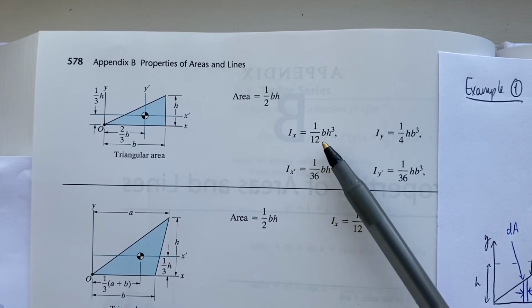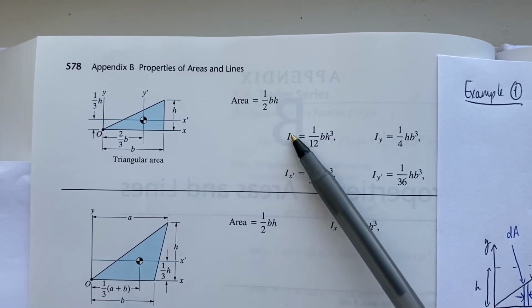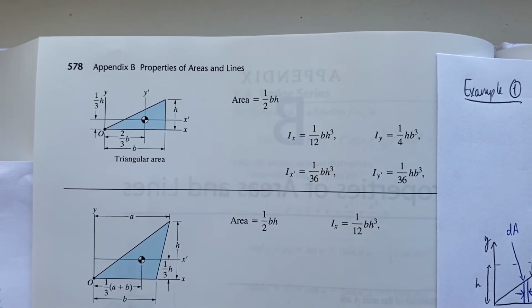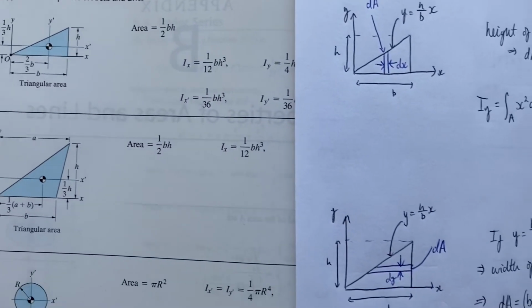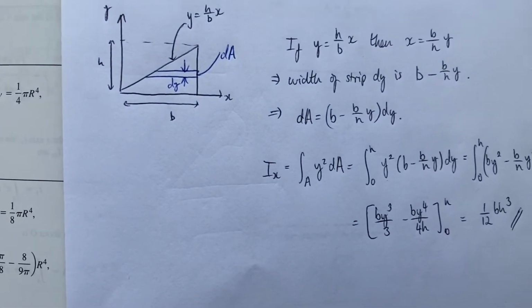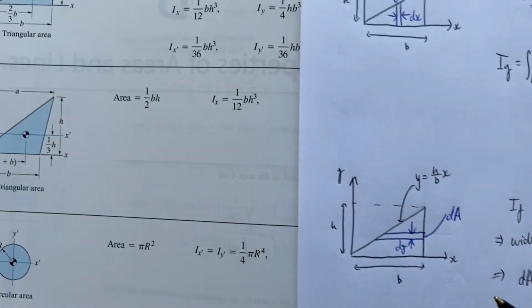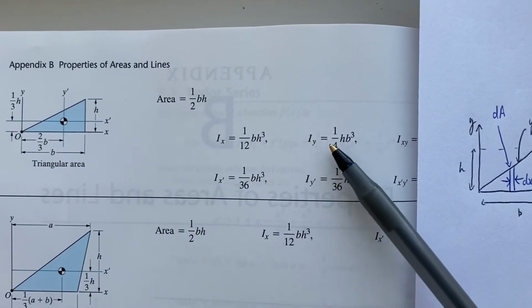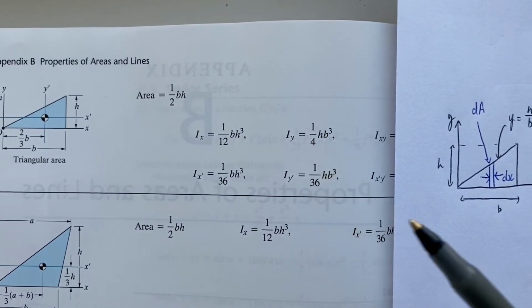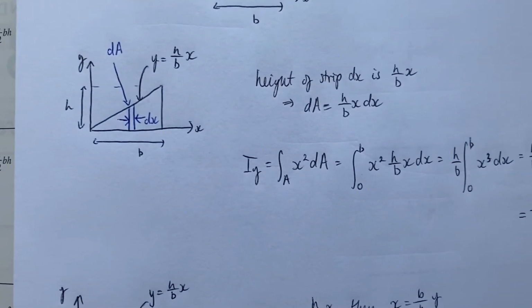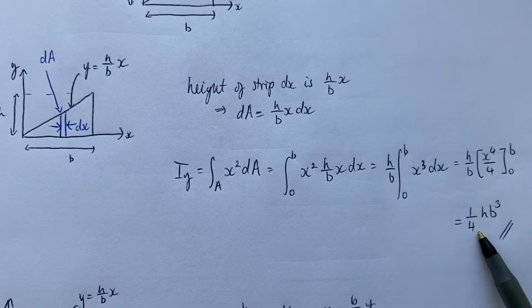So we should find the moment of inertia about the x-axis as 1/12 bh cubed, which is exactly what we got here. And the moment of inertia about the y-axis is 1/4 bh cubed, which is what we got here.